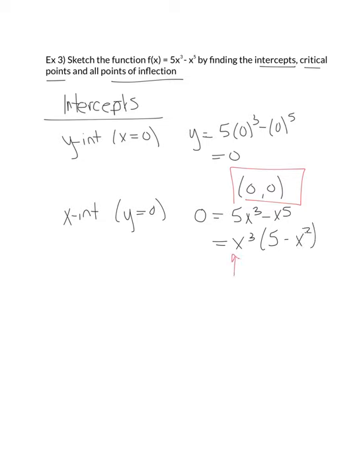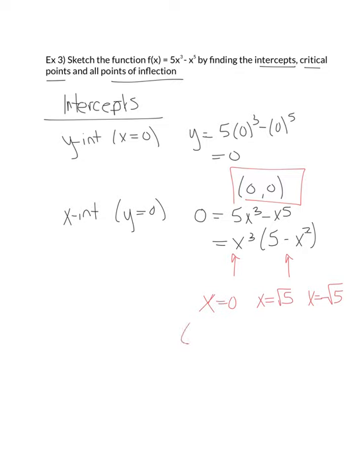This is going to leave me with an x-intercept of 0, which makes sense since our y-intercept was the origin. And then this is going to leave me with 2 x-intercepts. One of them is going to be root 5, and the other is going to be negative root 5.